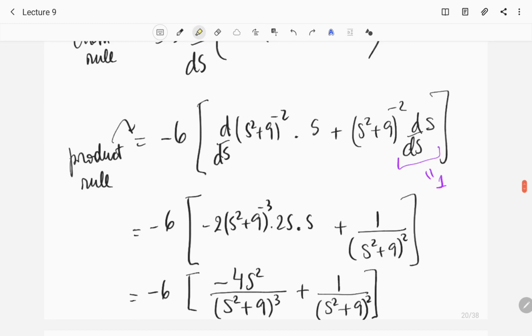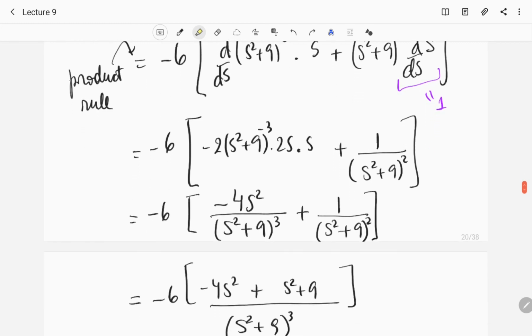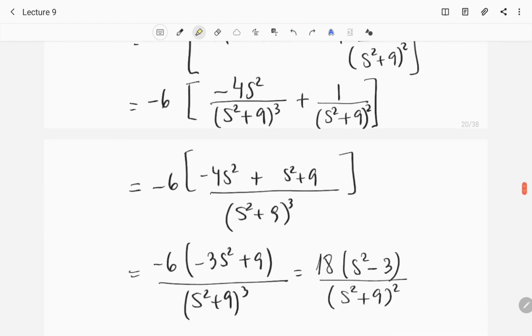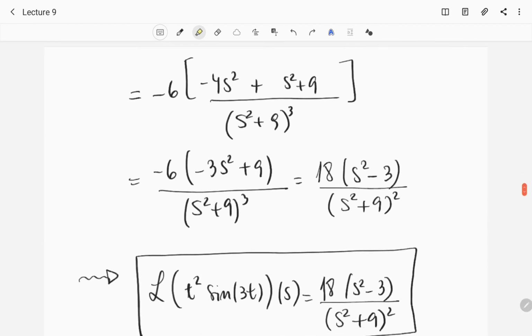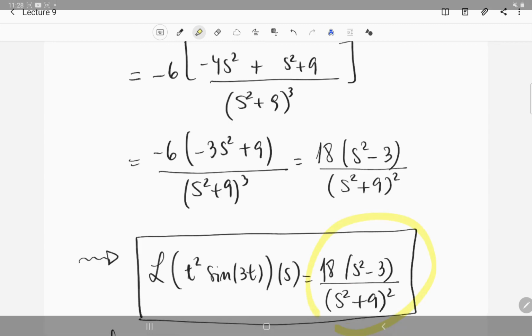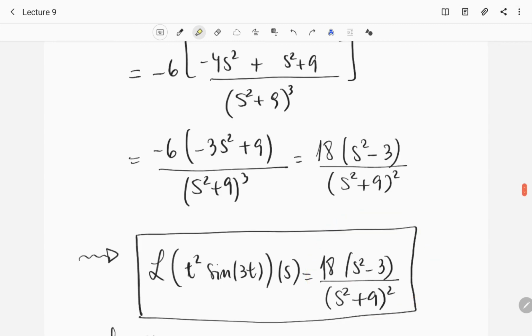So if the computation is correct, what we get at the end, you can check if I made some mistake, and you can tell me. But here is in detail all the computation. What we got at the end is that the Laplace transform of t squared times sine of 3t at s is this not super nice function, but we got an expression.